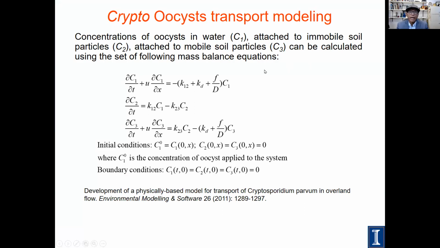And this modeling helped us in defining the parameters of the spread of these microbial pathogens, and also helped us design the vegetated filter strip length, width, and strategic location where you need to put these vegetated filters to control.